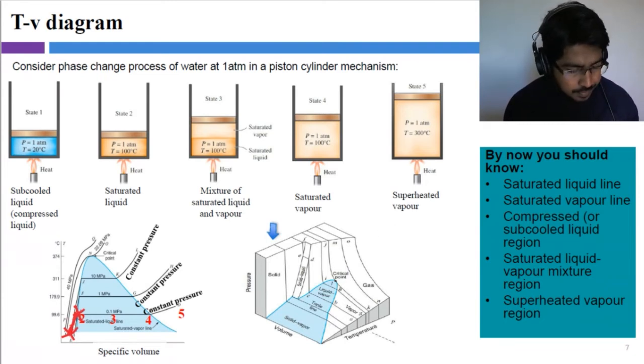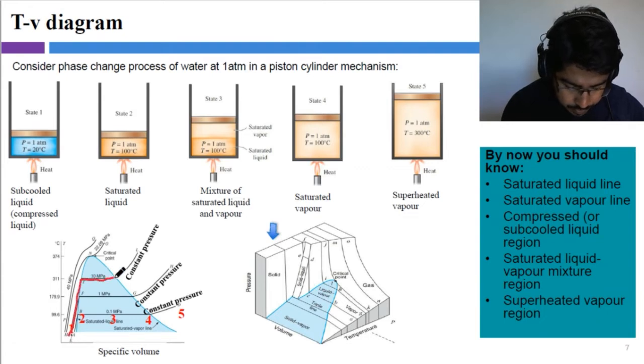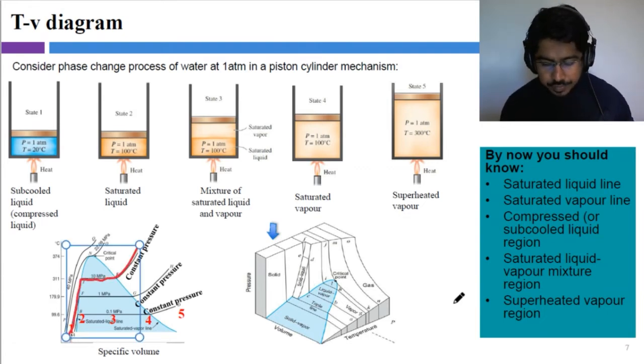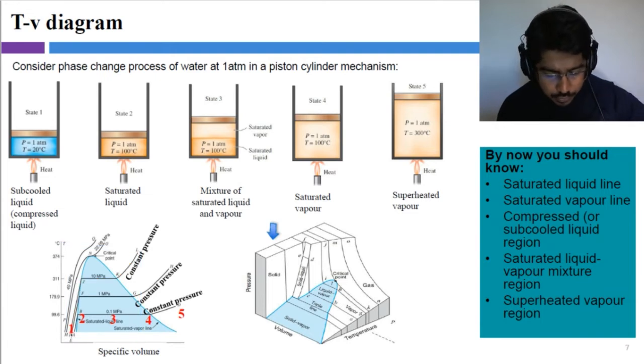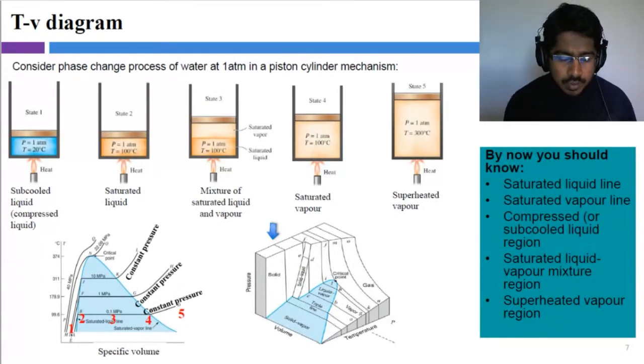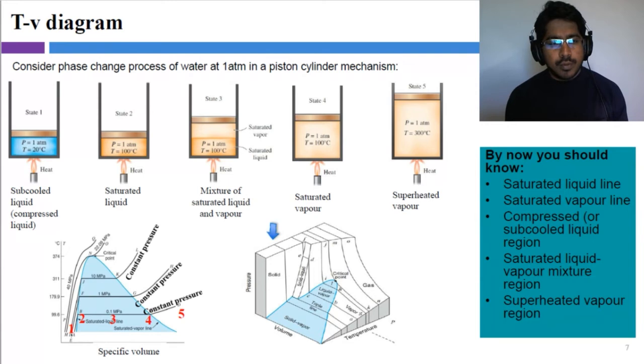So you see that the constant pressure lines are drawn here, right? Like this. For given pressures, 10 megapascal, 1 megapascal, 0.1 megapascal, for each pressure we have constant pressure lines in a TV diagram, right? So now we have come to state 2. And from state 2, we still keep on heating to state 3.